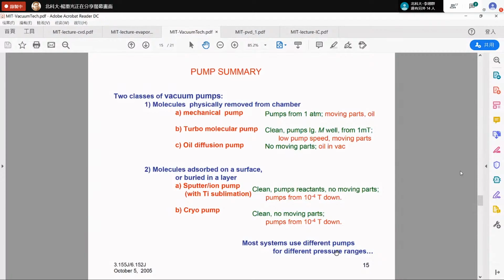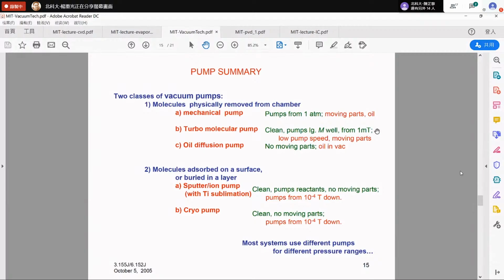For example, if you want to reach 10 to the minus 6, you have to use the mechanical pump first, because it pumps from 1 atm down to 1 millitorr, and then use the turbomolecular pump, because its operating pressure starts from 1 millitorr and goes down to 10 to the minus 6 torr, right?